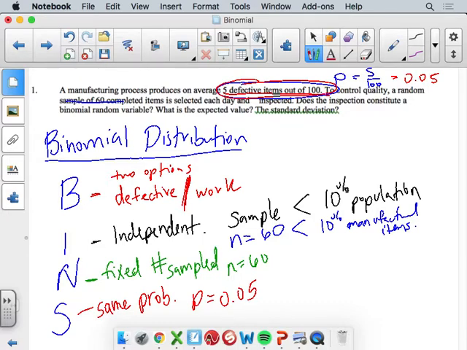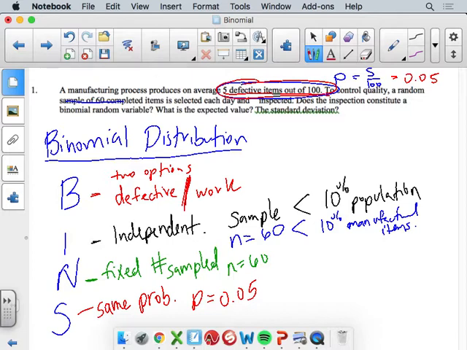And we can only use the binomial distribution process if it matches all of those. So if I was rolling a dice and I wanted to know the percent chance of getting a 1, 2, 3, 4, 5, and 6, and I didn't separate them, then this would not be binary.